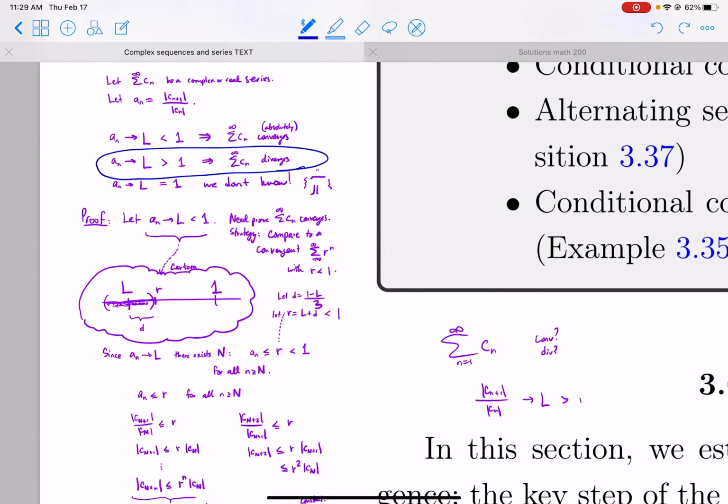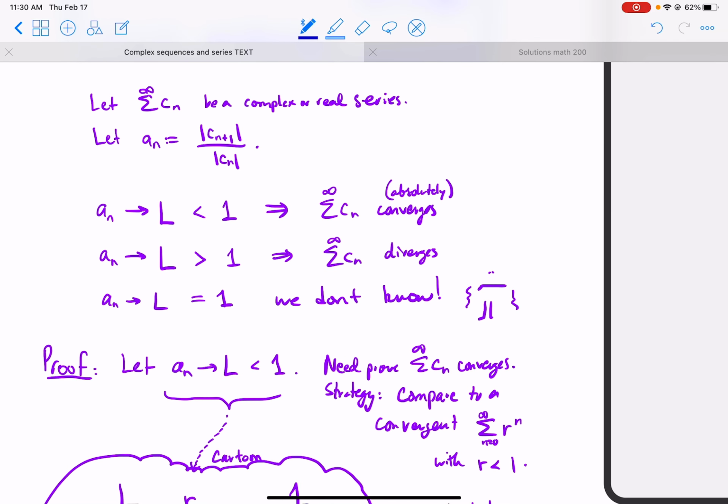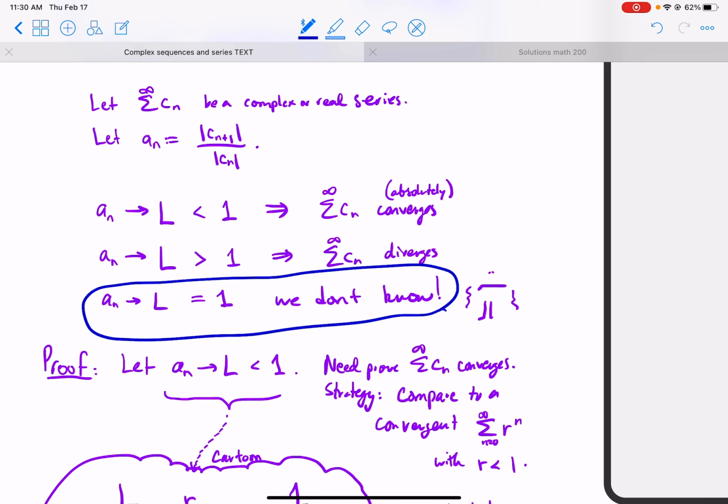And now we have proven this one. Well, do we have to prove this one? Well, no, it's not even making a statement. I just put it in there. It's like superfluous information. It just is reminding you that if the limit is equal to 1, we actually don't know. So, I mean, I don't need to prove that we don't know.